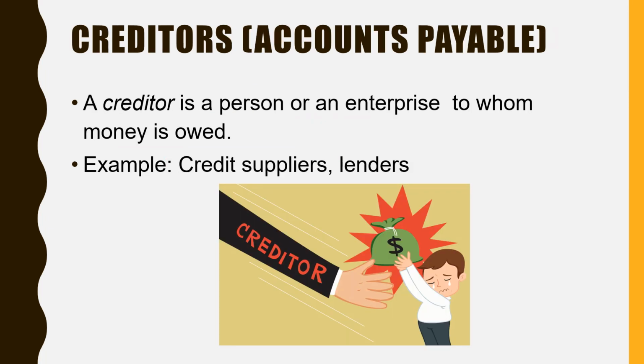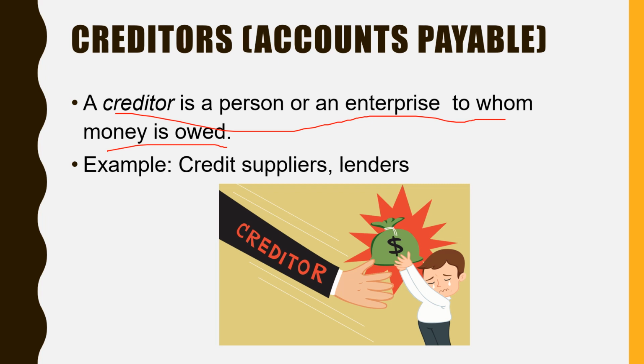The next group of persons in accounting is known as creditors. The first category was debtor. The next one is creditor. Who are creditors? A creditor means a person or an enterprise to whom the money is owed. For example, you are buying something from a shop and you are not paying money for the goods and services that you received from the shop.